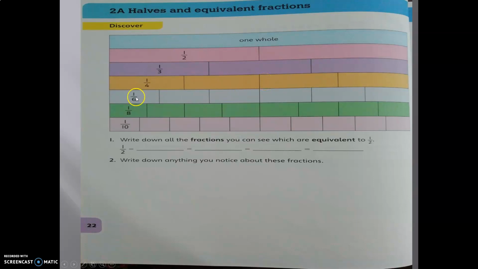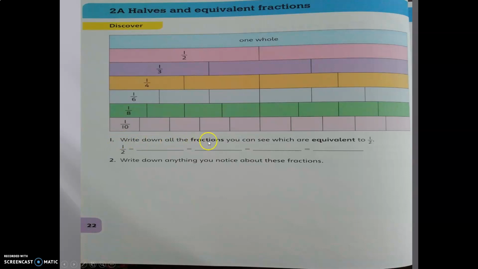Take care, he is taking the same bar, and every time he cuts it in a different way. Here he cut it into 6 equal parts. Here in the green he cut the same bar into 8 equal parts, and the last bar has been cut into 10 equal parts. So let's go to question number 1.